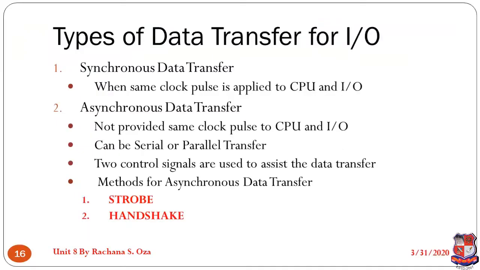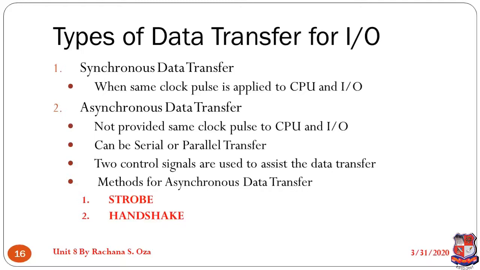Communication happens between the CPU and an I/O device. Is it synchronized data transfer? Let us see the definition of synchronous data transfer. Synchronous data transfer happens when the CPU and the I/O devices, as well as the interface, all share a common pulse.